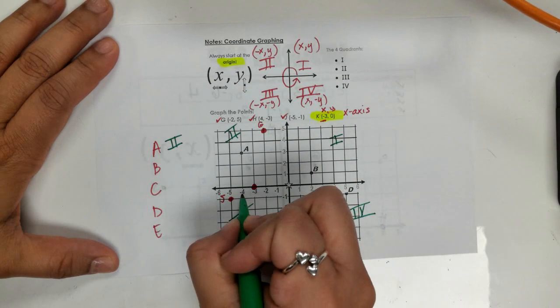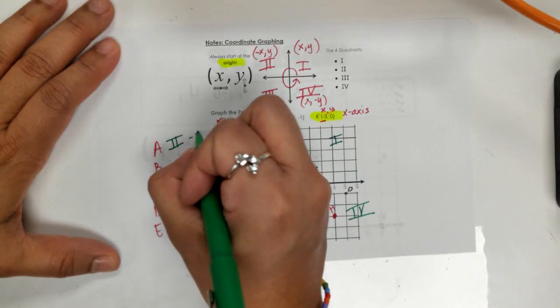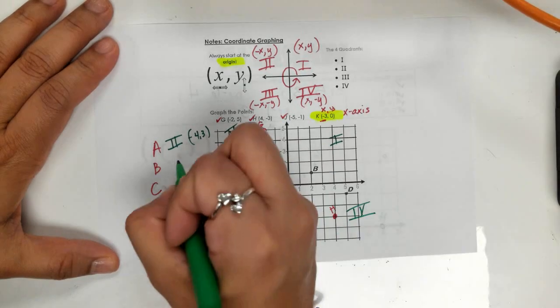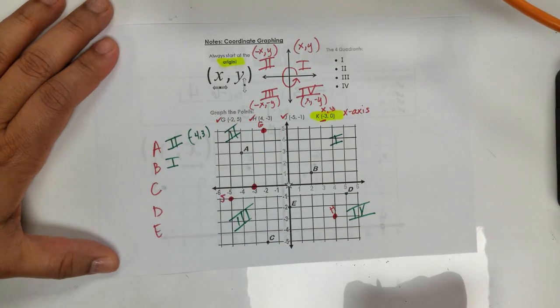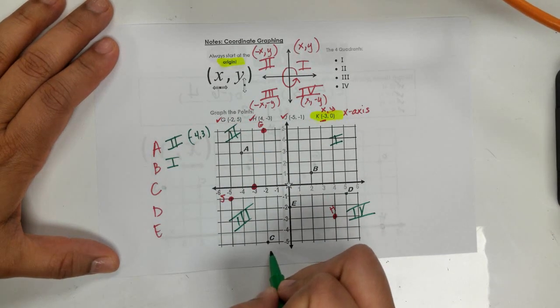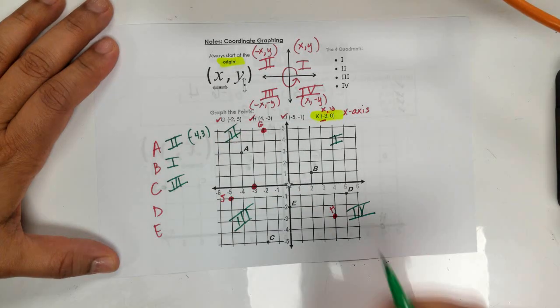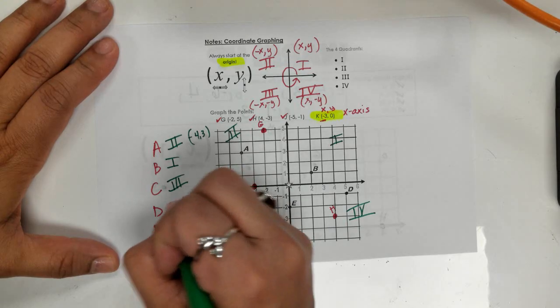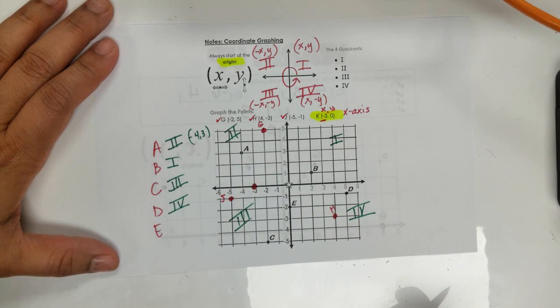We see how it's -4, +3. B is in quadrant 1. They're both positives. C is over here in quadrant 3. D is in quadrant 4. It has a +5 or a positive X and then a -1 for Y.